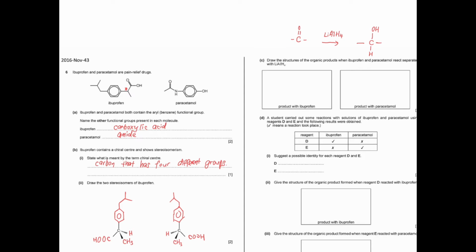We have to change it to COH and H. Following that idea, the C double bond O should become OH and H. We don't draw the H. But then this would be two hydroxy groups, two alcohol groups, which is not stable.